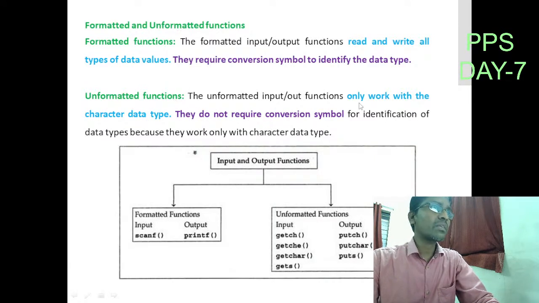Whereas in unformatted functions, we use only one data type, the character data type. That's why you don't need a conversion symbol. In a formatted function, you use different data types for reading and writing, so it requires a conversion symbol.